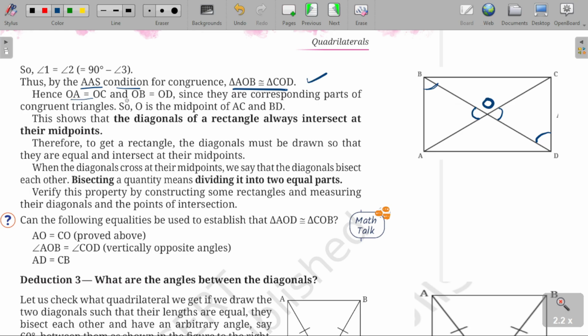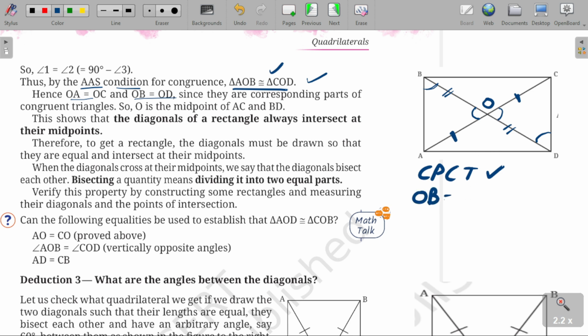Hence, OA is equal to OC and OB is equal to OD by CPCT. I have told you that when two triangles are congruent, then by CPCT we can show other parts equal. Okay, this is happening.